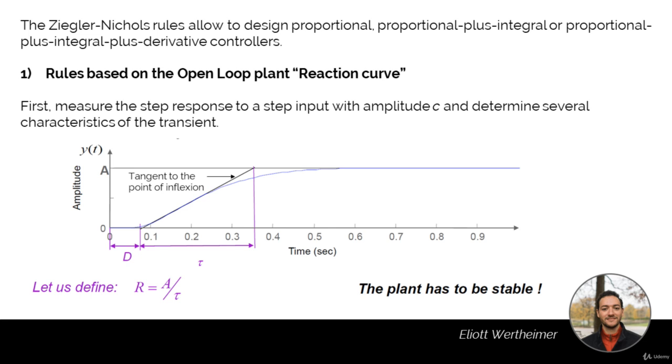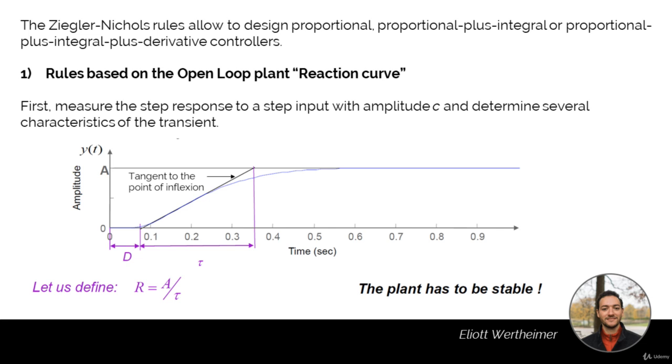It is that measurement of the time that elapsed between the intersection of the tangent of the response curve with the line of zero amplitude and the line of amplitude A or C in this case. This allows us to set the variable R, which is equal to the amplitude A or C divided by the measurement tau.